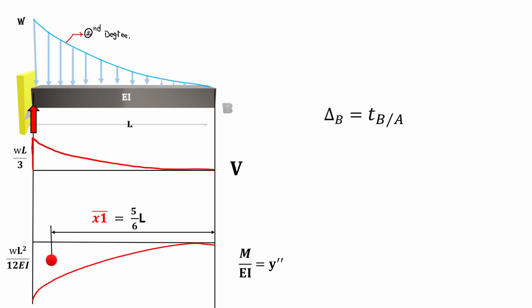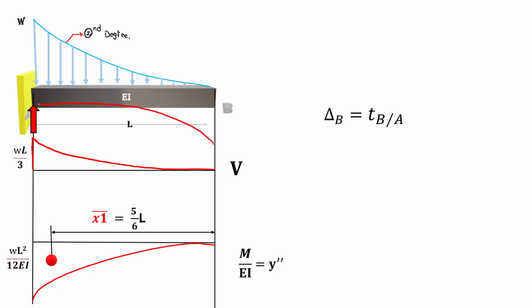So with the second moment area theorem, delta at B is equal to the tangential deviation of B with respect to a vertical line. My bad, let me draw it correctly.